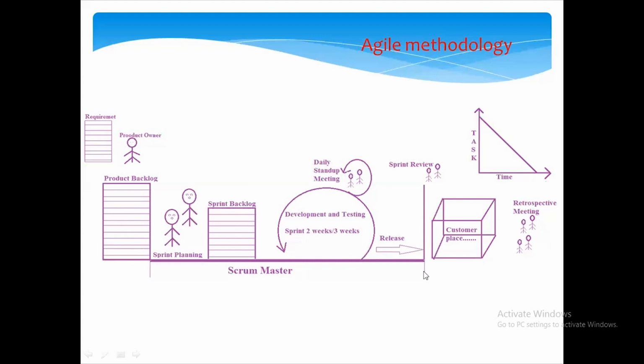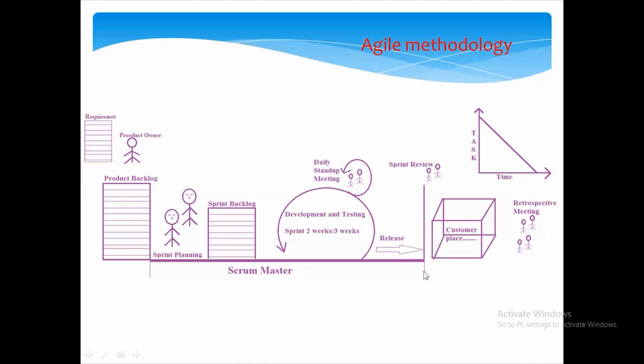Simply saying, what went well in that particular sprint and what did not go well. If there are any difficulties faced by individual resources, they will define all their difficulties in the retrospective meeting, along with the good procedures each and everyone followed, and their appreciations.